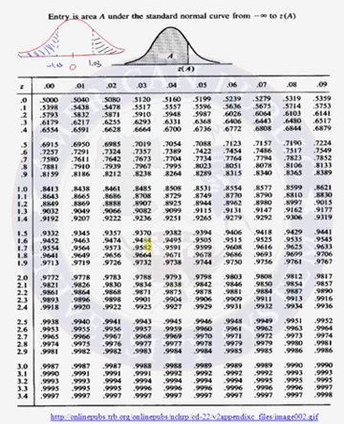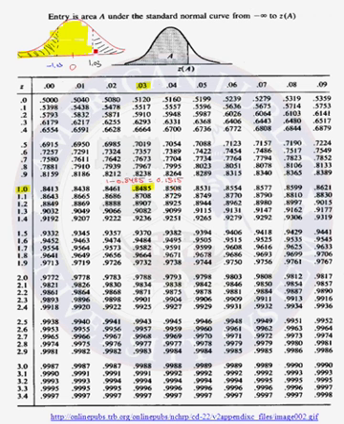When we look up 1.03 in the standard normal table, we get 0.8485. That 0.8485 is the area to the left of 1.03. So to get the area to the right of 1.03, we have to take 1 minus 0.8485, and we get 0.1515.